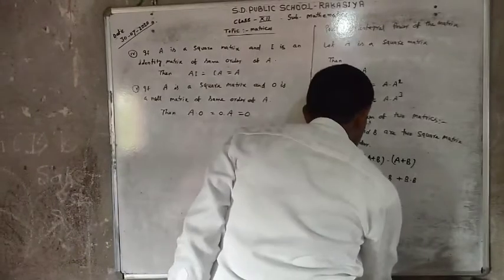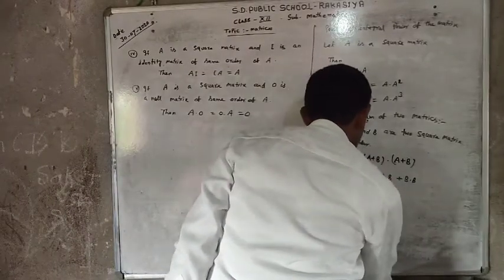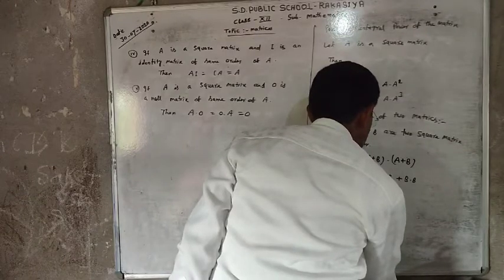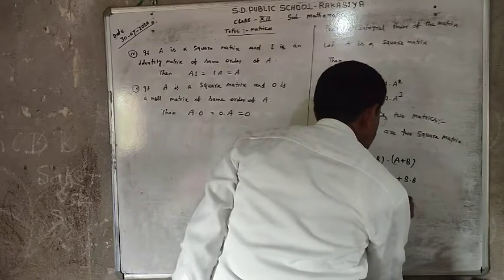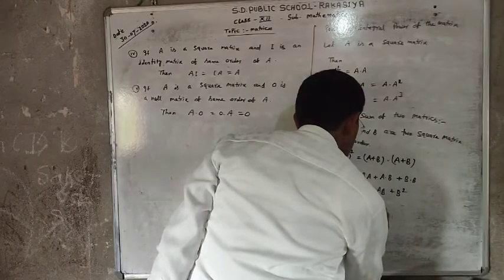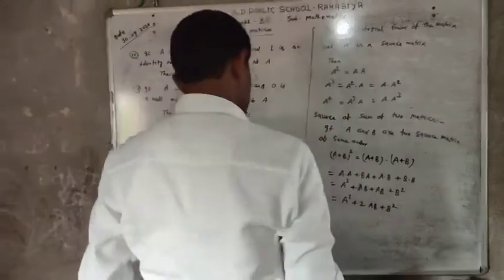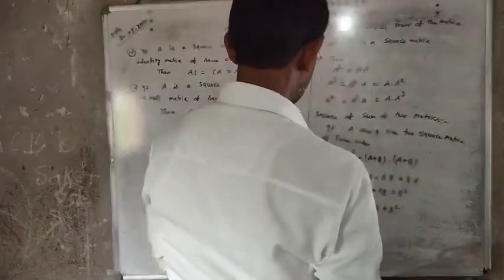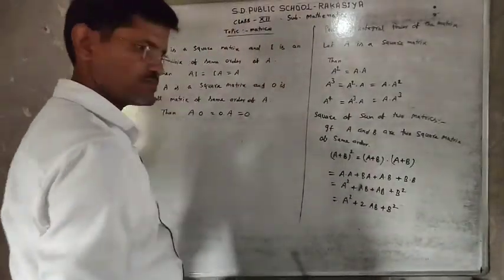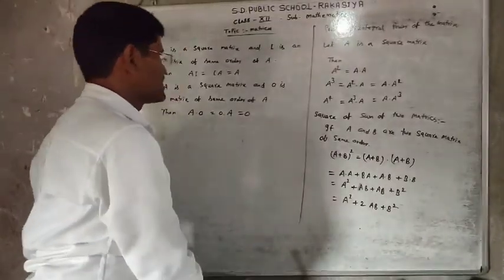Means A square plus AB plus AB plus B square, that is A square plus 2AB plus B square. Okay, that is the square of the sum of two matrices. Now we will see some problems in this class.